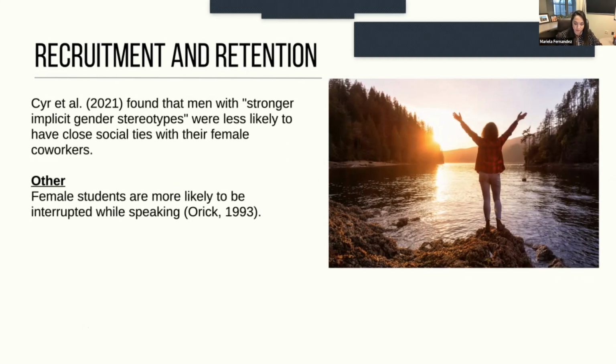And now this is one of the more recent studies. So a group of researchers did a study where men had greater implicit gender stereotypes. And when men had these stereotypes, they were less likely to have close social ties with female coworkers, meaning that they would prefer to kind of work with their male coworkers, right?